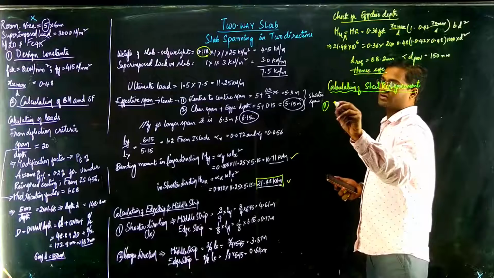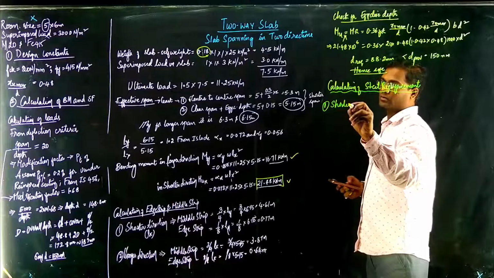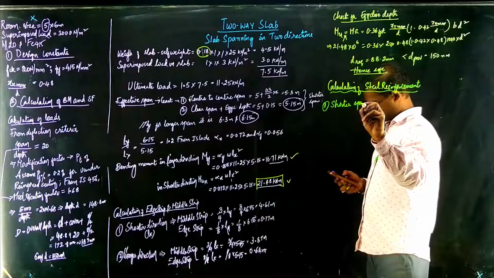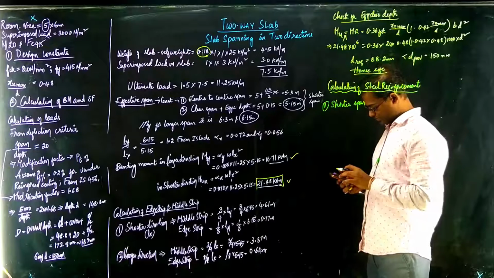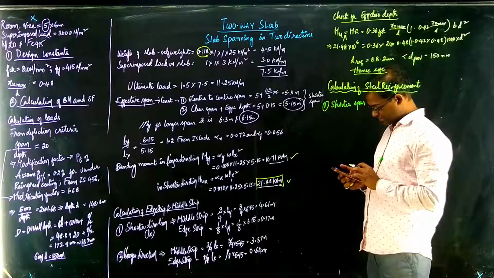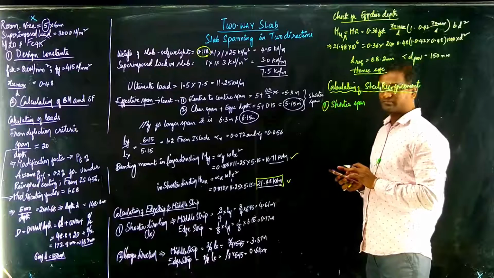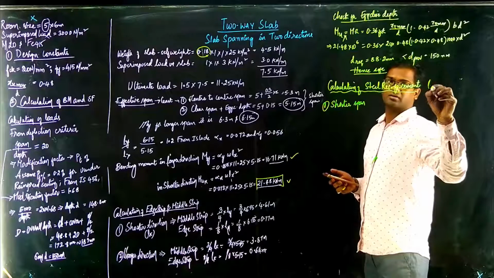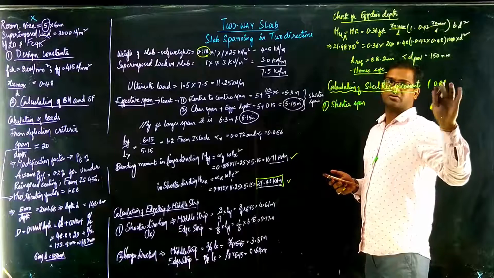Now first we will go for shorter span, right? By assuming this section as under reinforced section, we will do it.